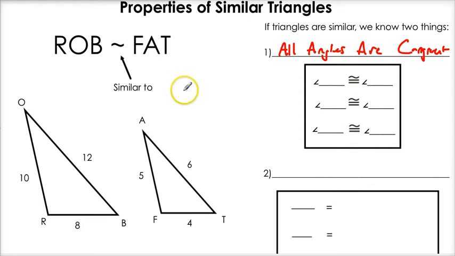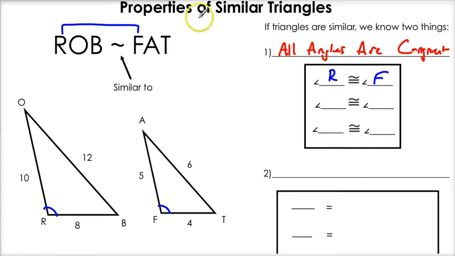So in this case, we know that all three angles in this triangle, ROB, are exactly the same as all the angles in FAT. Now, just like in congruent triangles, the order of these statements matters. So I know R is congruent to F. We can mark that.